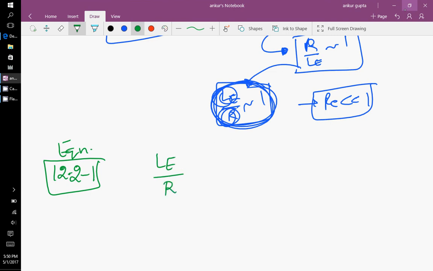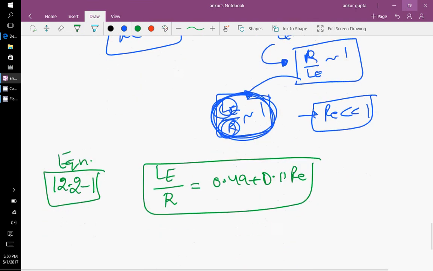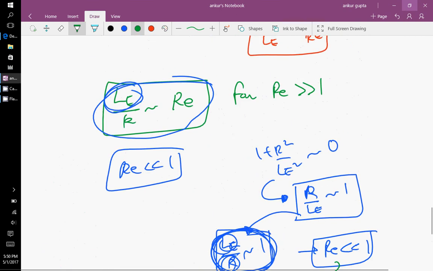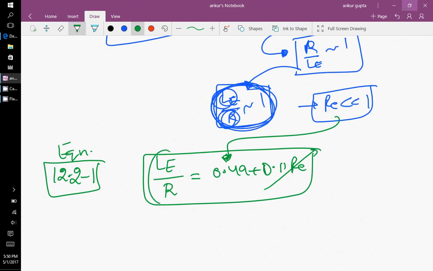But the exact solution is Le by R is 0.49 plus 0.11 Re, and we get the same trends, right? For Re less than 1, you ignore this term and you will get Le by R is constant, and for Re greater than 1, you will get Le by R proportional to Reynolds number, and you will ignore this term.